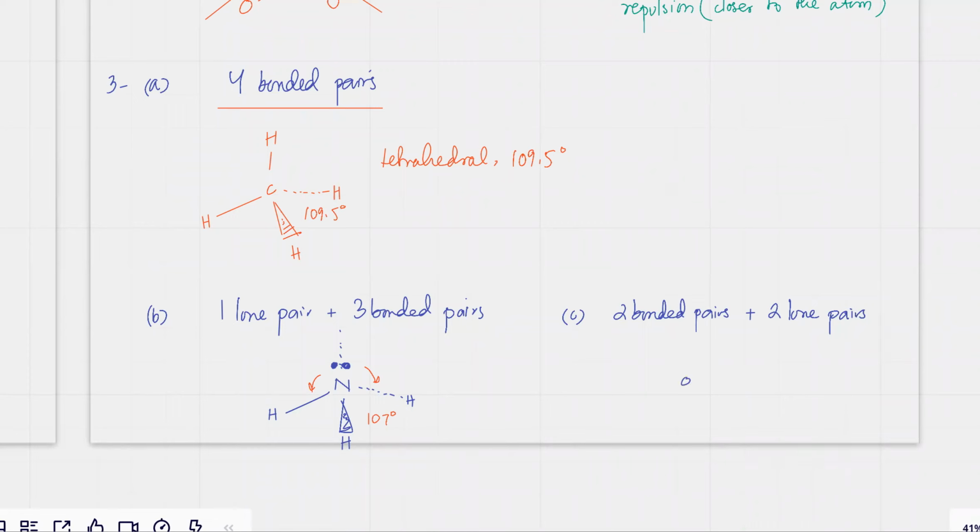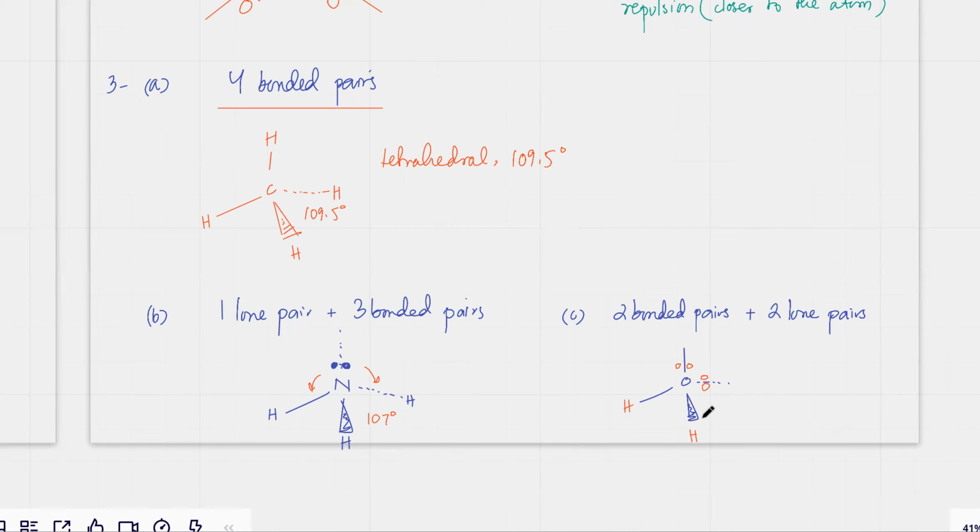Water is an example. Again, the total number of pairs of electrons is 4. On two sides, there's a hydrogen atom. But on the other sides, there's just a bunch of electrons that are not involved in bonding. So on two sides, there is nothing. I mean, there are electrons there. So the shape is the same, except there's nothing attached on those sides.